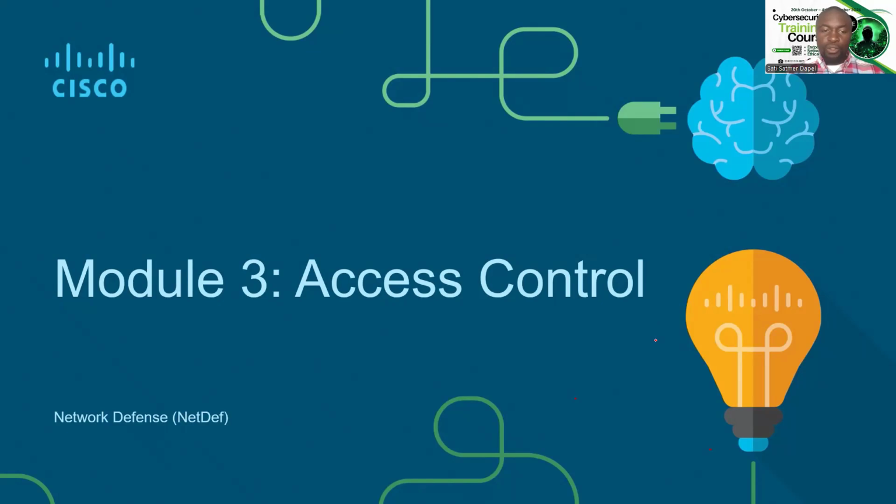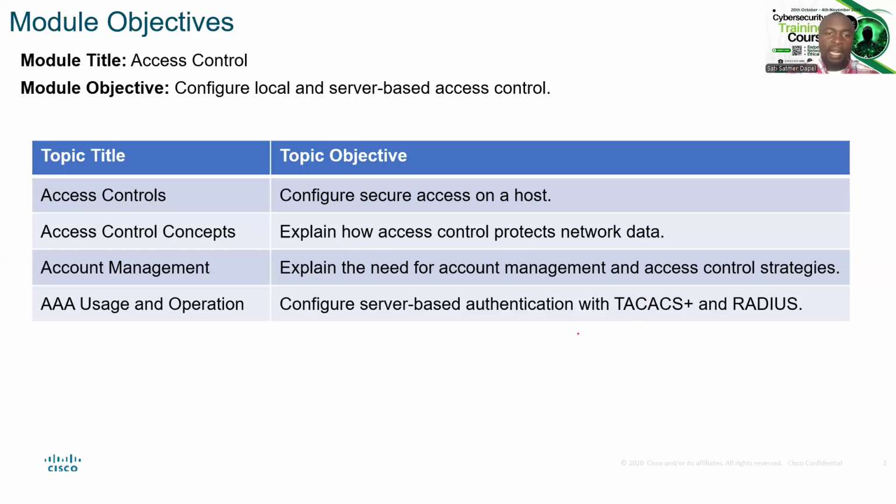All right. So access control. Remember, network defense is basically the aspect that helps you to defend your network against unauthorized access, against threat actors. By doing this defense, you are protecting your network. One of the ways is through what we call access control, and we will be looking at how to configure and secure access on a host.